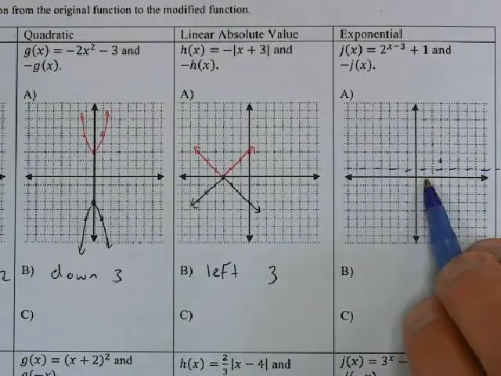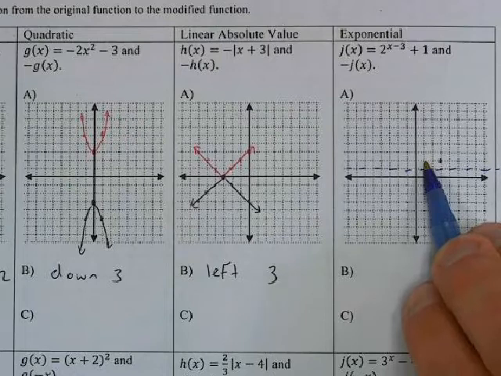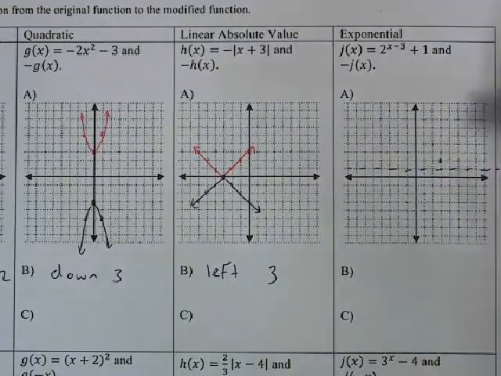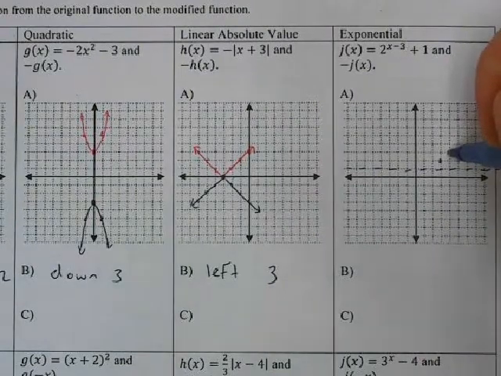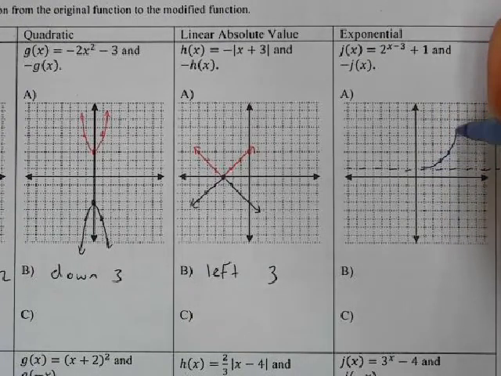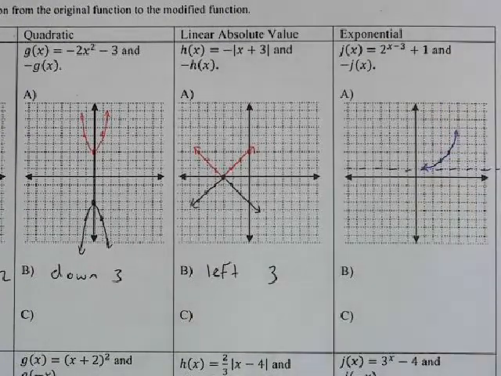So normally I have a point right here at 1, comma 2, since our base is 2. So that's moving right 3 and up 1. So it's going to be right here. Okay. And then we can draw that exponential function and it would be something like that.